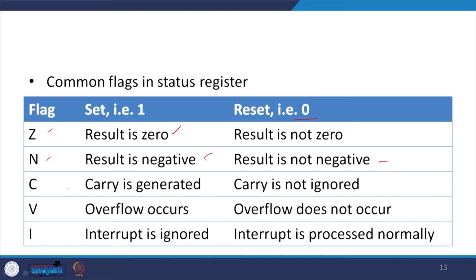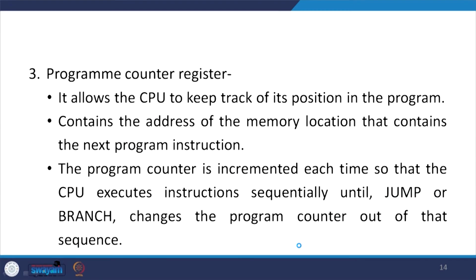C: carry is generated, carry is not generated. And V: overflow occurs, overflow does not occur, and interrupt is ignored, interrupt is processed normally. So, these are the different flags in the status register.